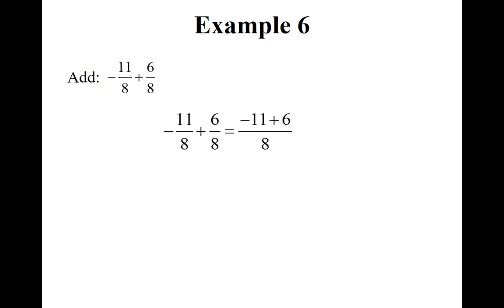So we add -11 plus 6. That gets us -5. So -5 divided by +8, negative divided by positive is negative. So we have a negative overall fraction, -5/8.